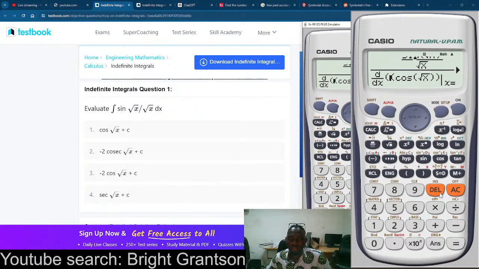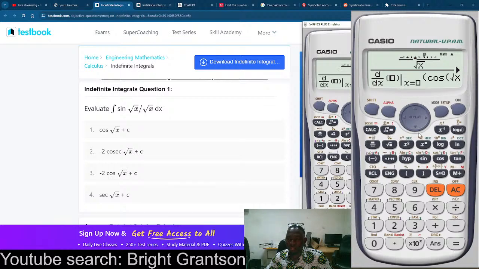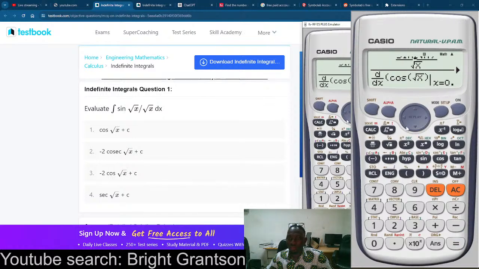I don't know why. It should be a differential. Cos of root x, 0.1. Let me delete the last one and let's see how it will play out. There's something wrong here. Okay, I have to bring another bracket.